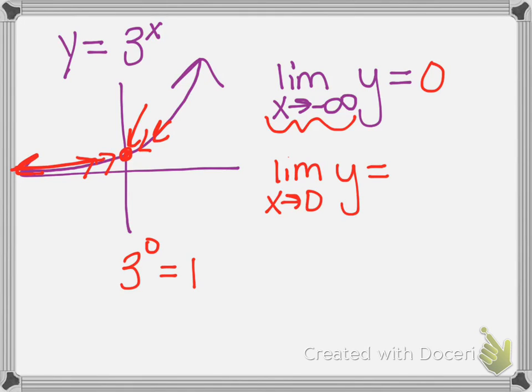The reason that it works is because this equation has no discontinuities. It has no holes, no jumps, no vertical asymptotes, no breaks in the graph at all. And so if you have a function with no breaks at all, then you can evaluate the limit just by plugging the number into the equation. But you can evaluate some equations that do have breaks. It just depends on where they're asking you to evaluate the limit.